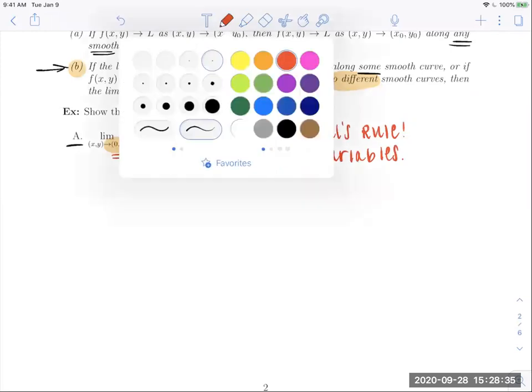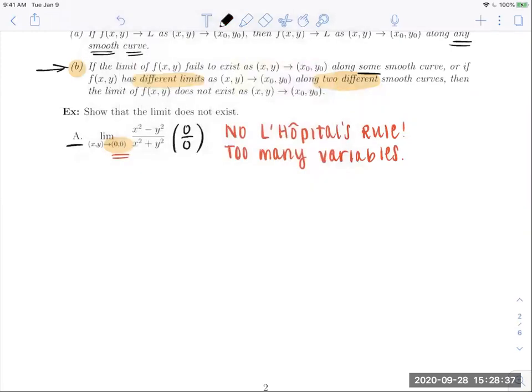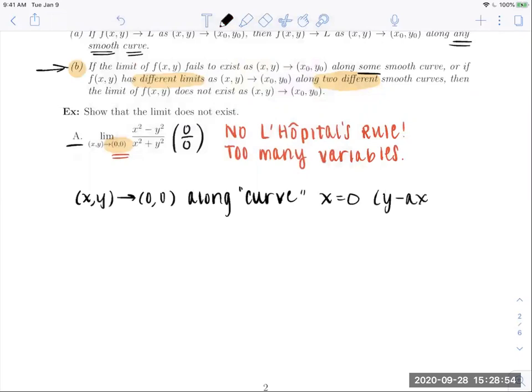Otherwise, they're not appropriate curves to look at. So let's let (x, y) approach (0, 0) along the curve, and I'll put that in quotes because I'm actually going to choose a line, but along the curve x equals 0. In other words, along the y-axis.